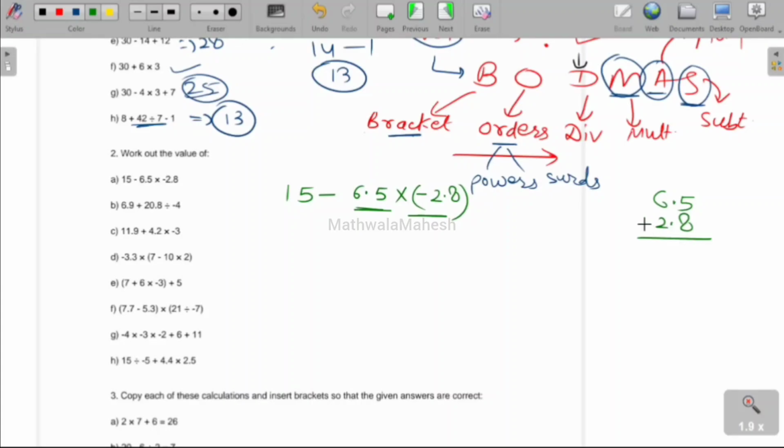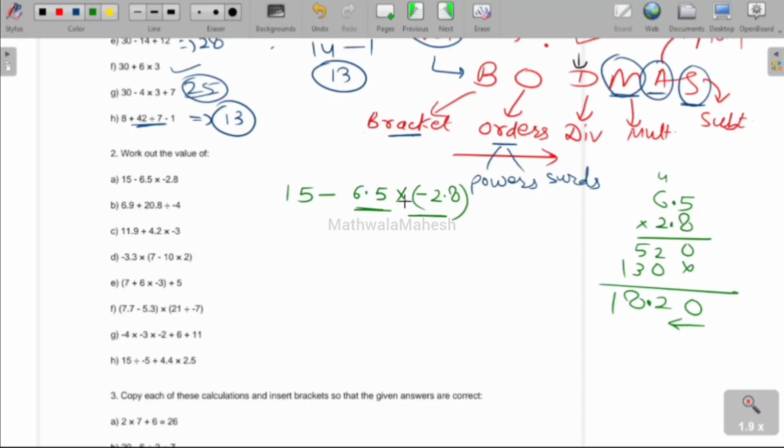So we will do the multiplication. 8 fives are 40, and 8 sixes are 48 and 4 is 52, and this is 130. So there are two decimals. From the right we will count and we will put the decimal after two numbers, 18.20.